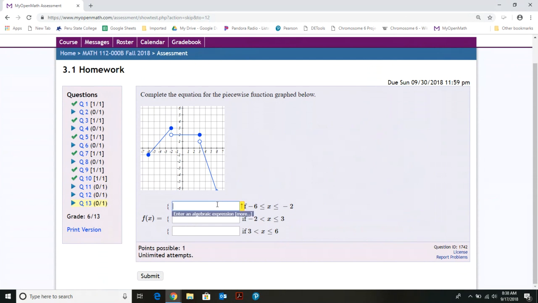So for this one, we've got x plus 5. Or was that x plus 3? Darn it. I hope I didn't write that down wrong. And that one was a 2. And then for this one, we guessed that this was crossing at the line here, 5, -4. So we went with -5 halves x plus 17 halves.